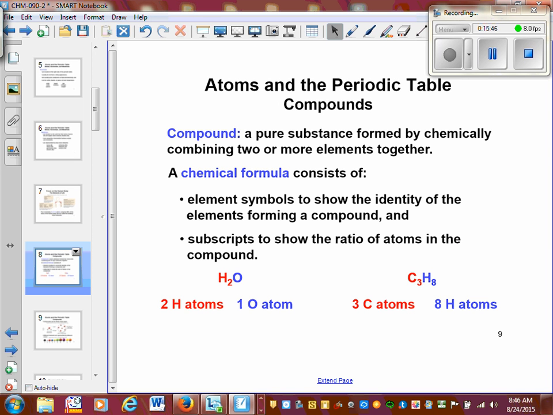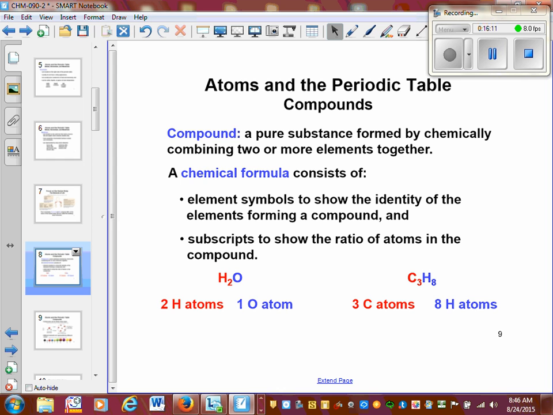So compounds, we said, are a pure substance formed by combining two or more elements. We can use what's called a chemical formula. It shows the elements and the proportions in which they combine. Water, H2O, tells me I have 2 hydrogens, 1 oxygen.